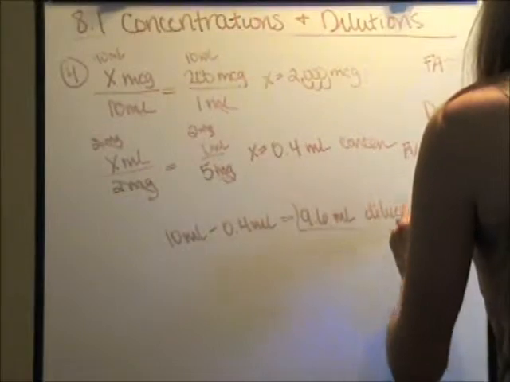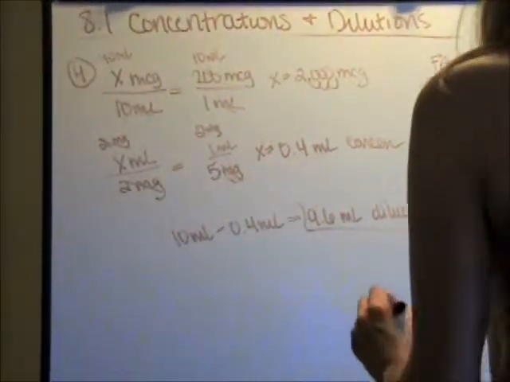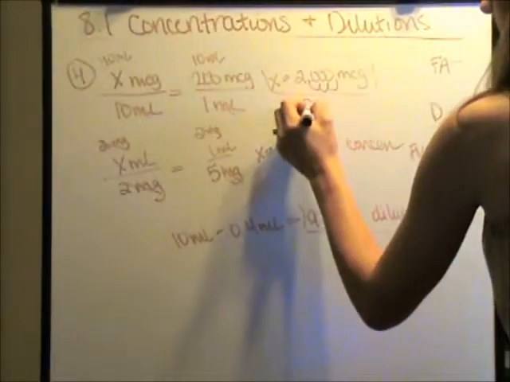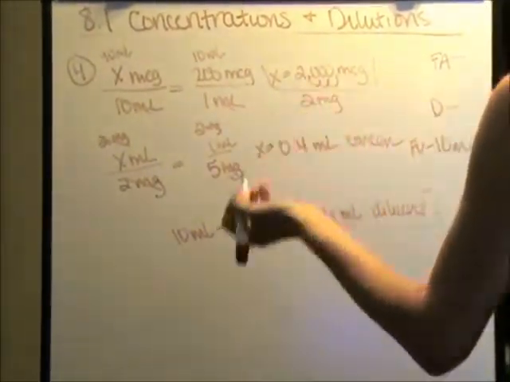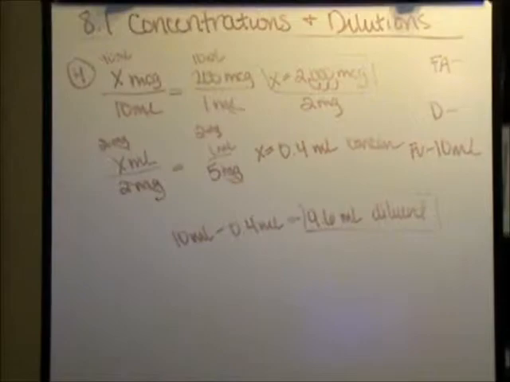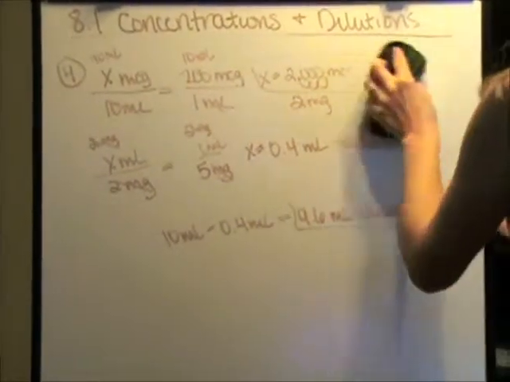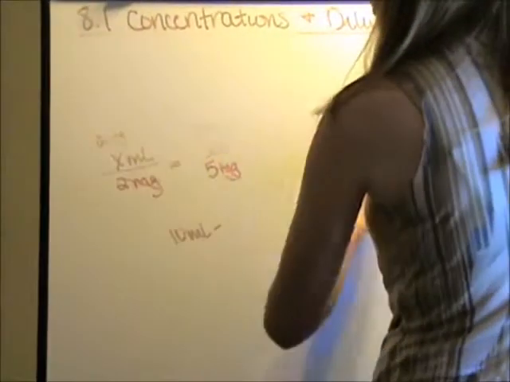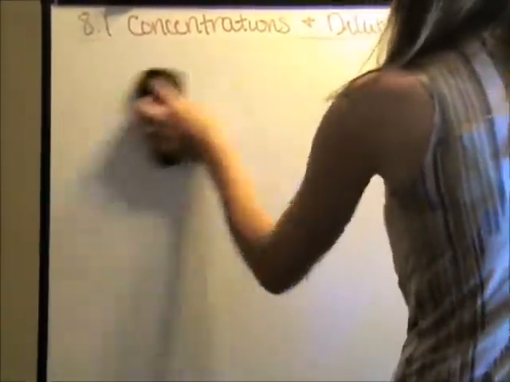So the original question asked how much diluent we need and also how much drug we need. So you can either put 2,000 micrograms or 2 milligrams. Either one would be correct. So the question was worded a little bit differently than the first two, but ultimately we're still trying to find the same information.